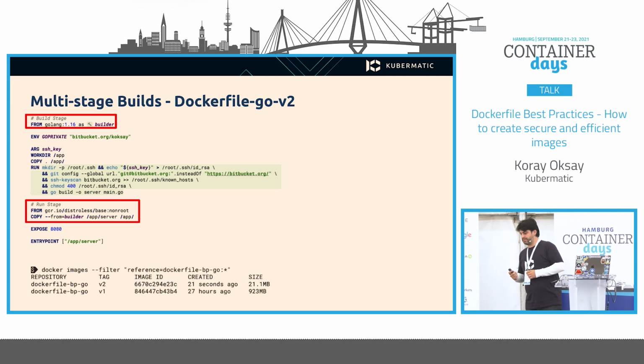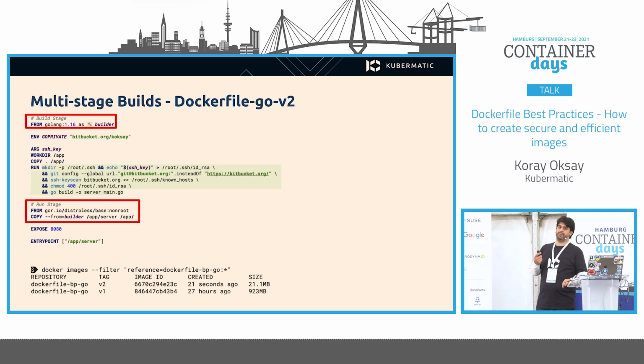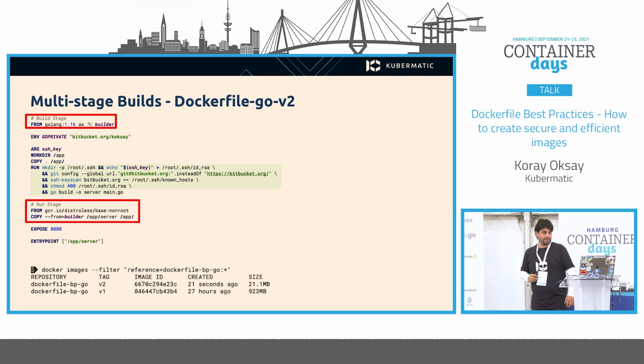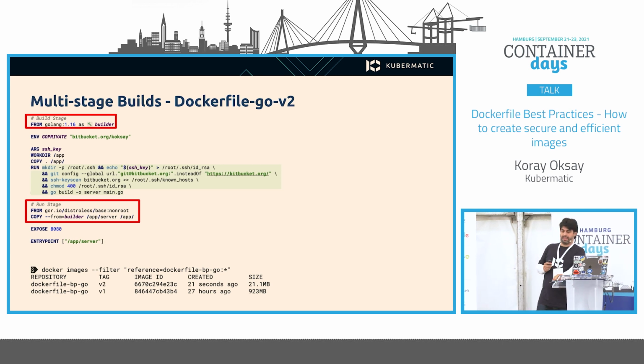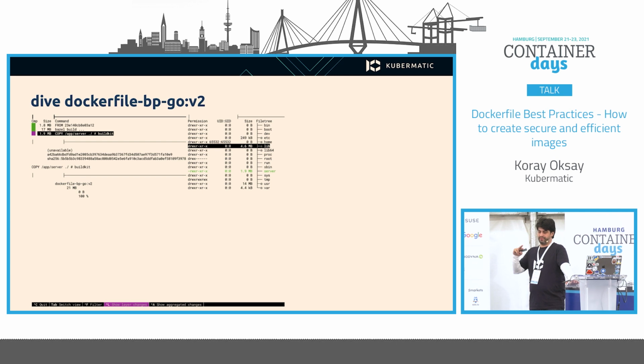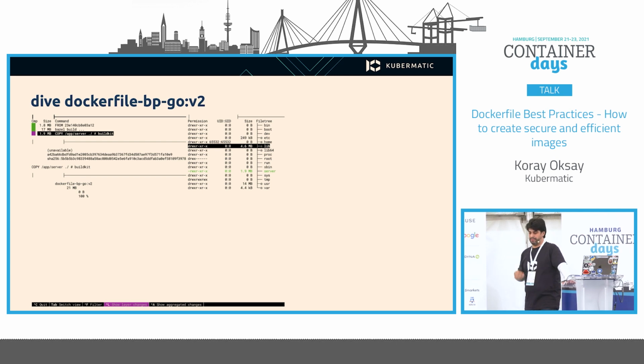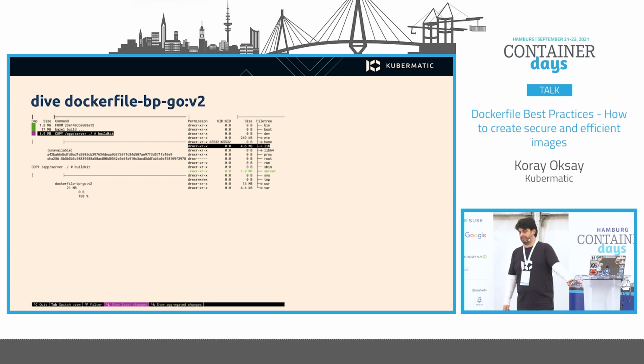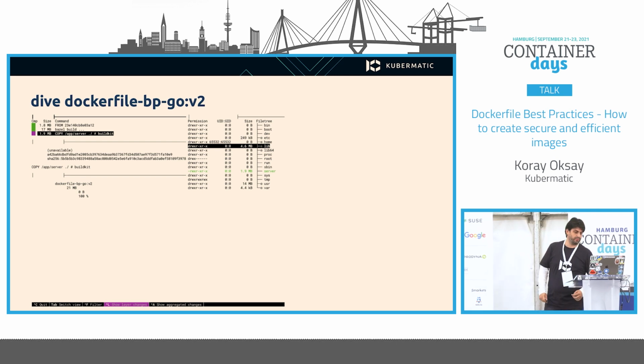So with the distroless image, now it's 20 megabytes, with my application plus the base image itself. If I again check it with Dive, you'll see that there are only 3 layers. The first 2 layers are from the base image from Google, and I just copied 2 megabytes of my application inside that image, and it's just 21 megabytes.